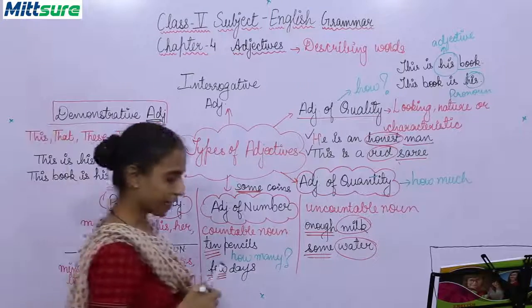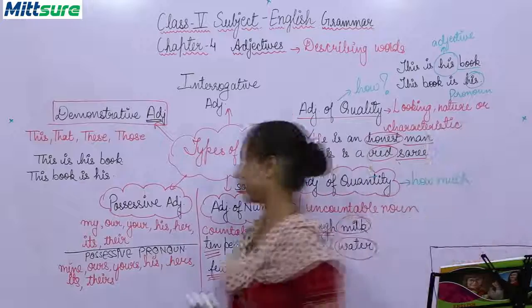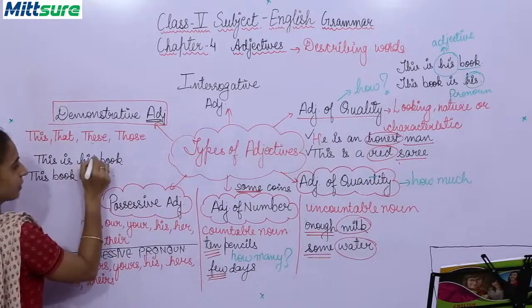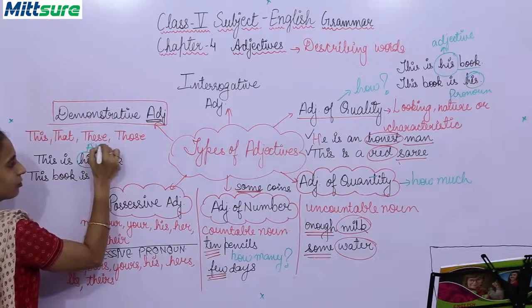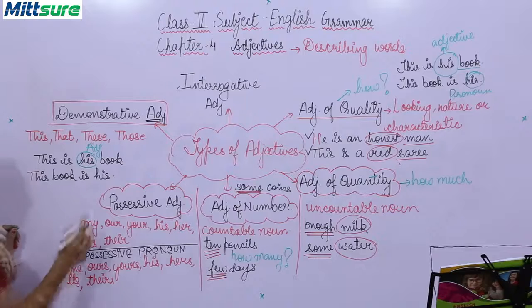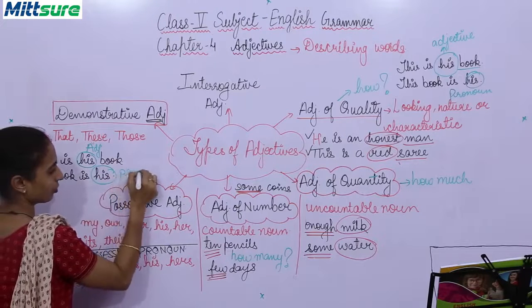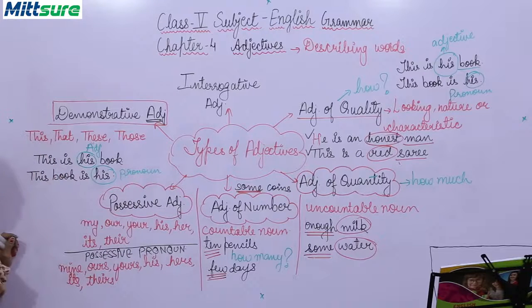Now first let us differentiate with the possessive adjective we have done. In the first sentence, his was an adjective, and here his was a pronoun. Was this clear to you?